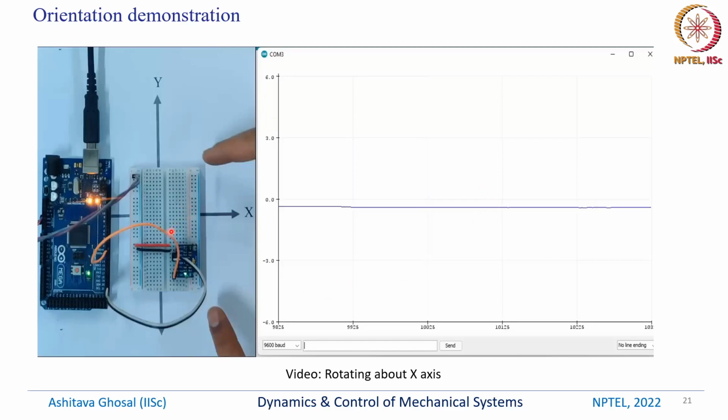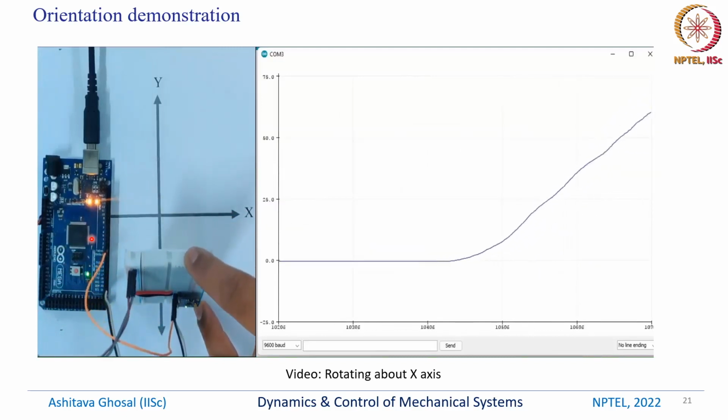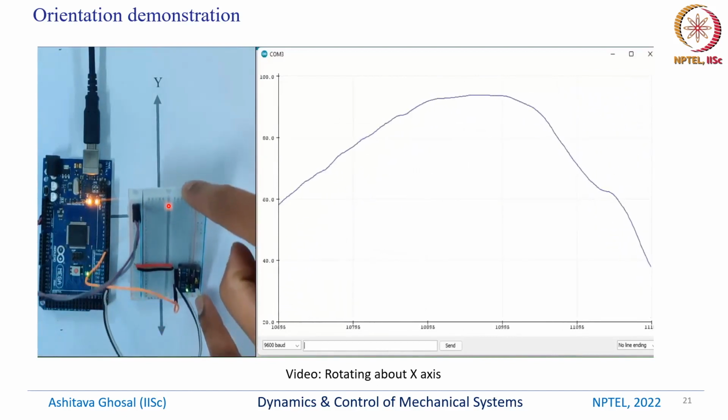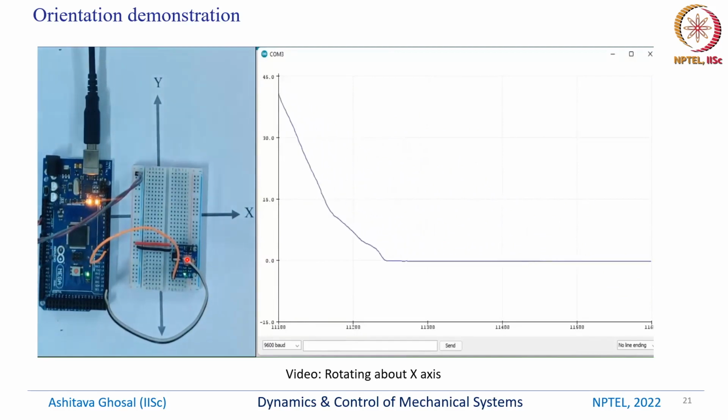I will rotate this breadboard about the x-axis, and then I'll show you what the output is. Pramod is rotating this breadboard with the sensor. There is some angular velocity, and as you saw here, it shows the plot of this angular velocity as a function of time. Once it is stationary, it comes down to 0.